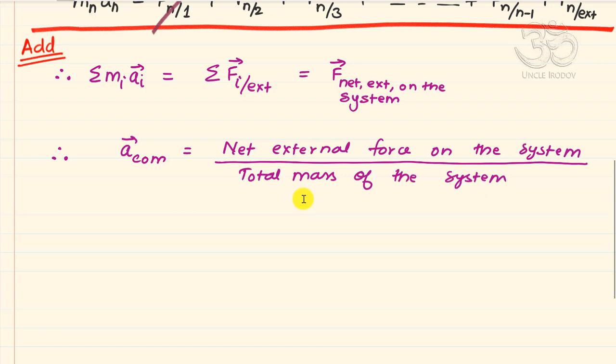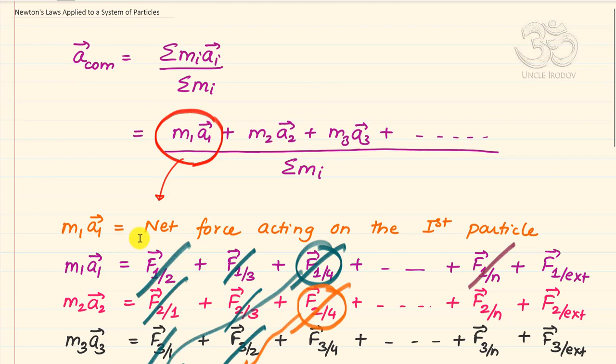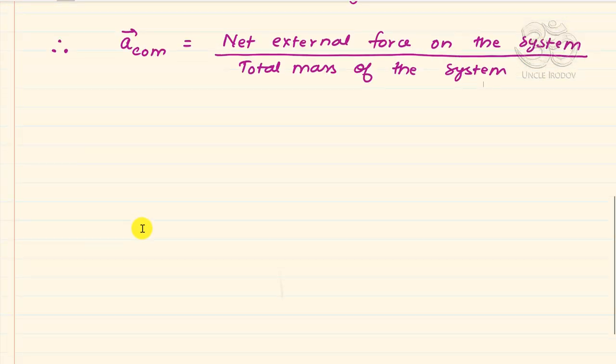Now something more interesting than that. Now let us assume that the net external force acting on this system of particles is 0. So first I think I should make a note of these two facts.